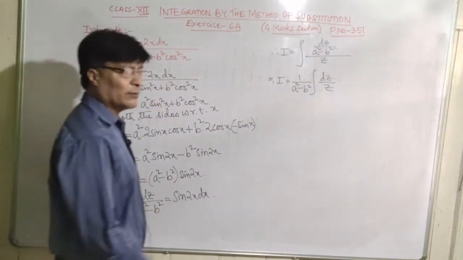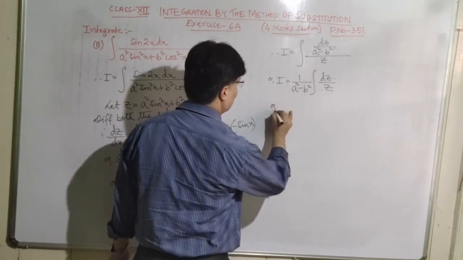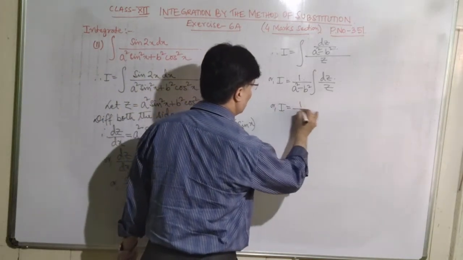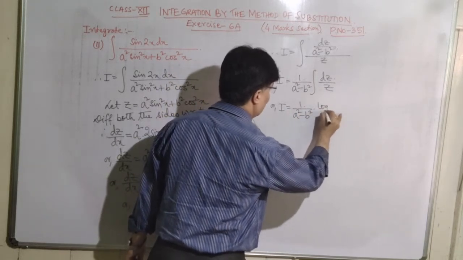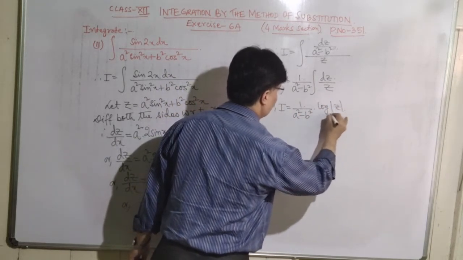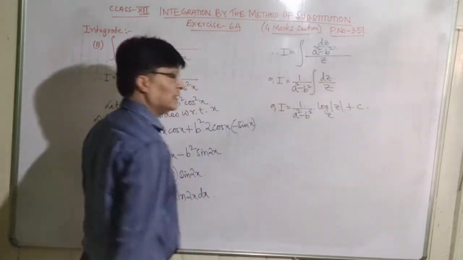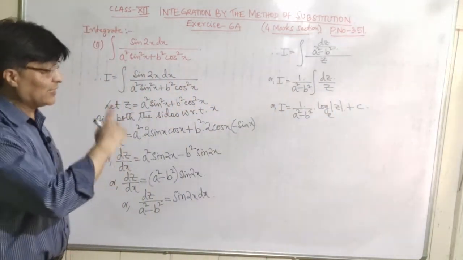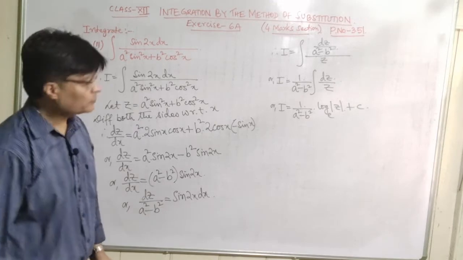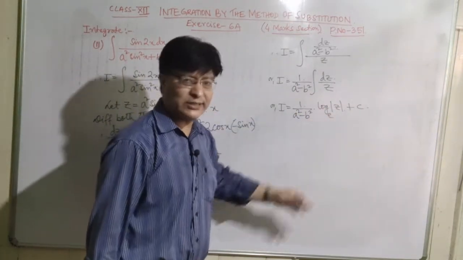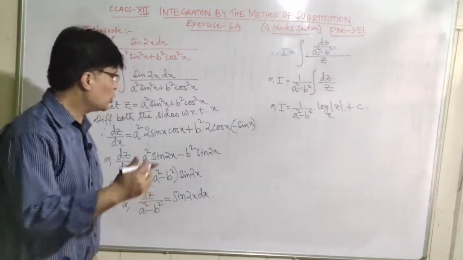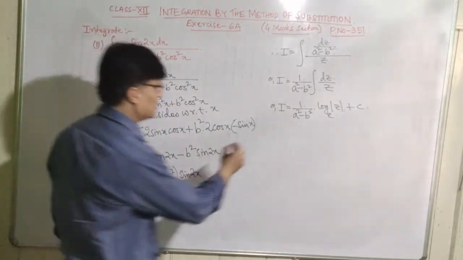What is the integration of 1 by z? It is log z, right? Or I is equal to 1 upon a² − b² log of mod z plus c. The integration of 1 by z dz is log of mod z, the base is e. So you can put the value for z in this case.